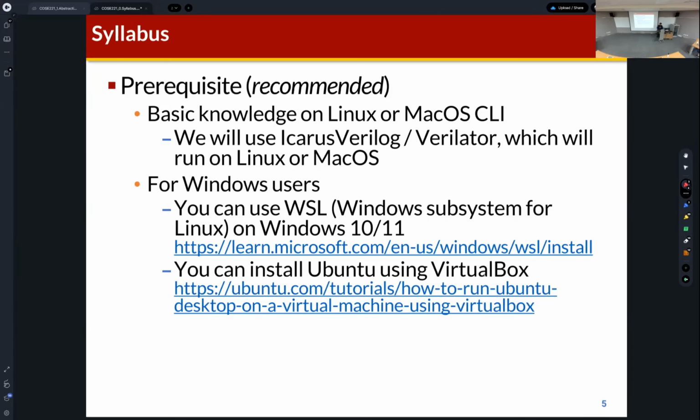I plan to use COSE Verilog and Verilator, and you can use these tools on Mac OS. But in x86 computer systems, you need to install Linux or use WSL. WSL means the Windows Subsystem for Linux.